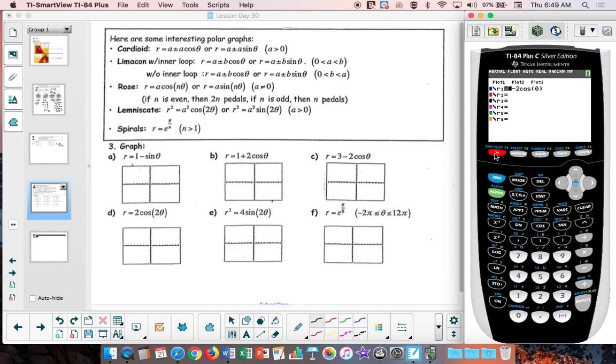Okay. And then the next one, we are going to graph 2 cosine 2 theta. Delete that one. Graph it. Here we have a flower, which we actually call a rose.